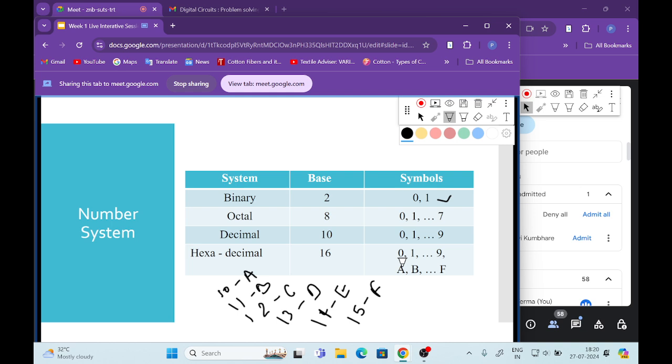After that 10 is A, 11 is B, 12 is C, 13 is D, 14 is E, and 15 is F, because the base of the hexadecimal number is 16. So we need to represent 16 numbers.